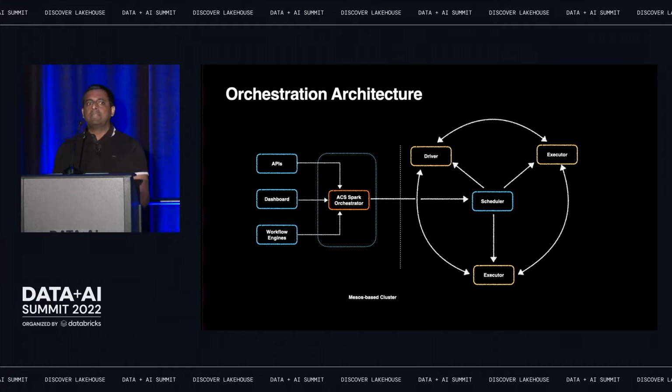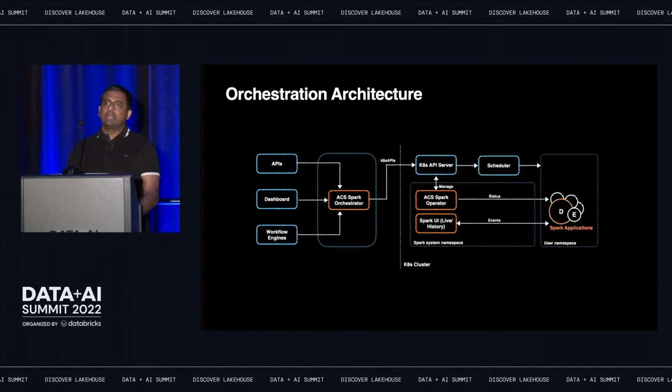As an example, let's pick the run a job scenario. The Spark orchestrator, upon receiving the run job request, would request Mesos to create a driver task. Once the driver task is running, Spark orchestrator, which is monitoring it, would then request the executors, which would connect to the driver and run the job.